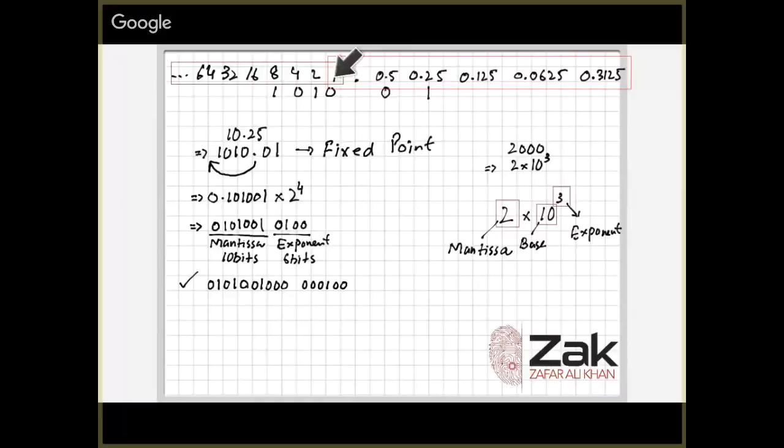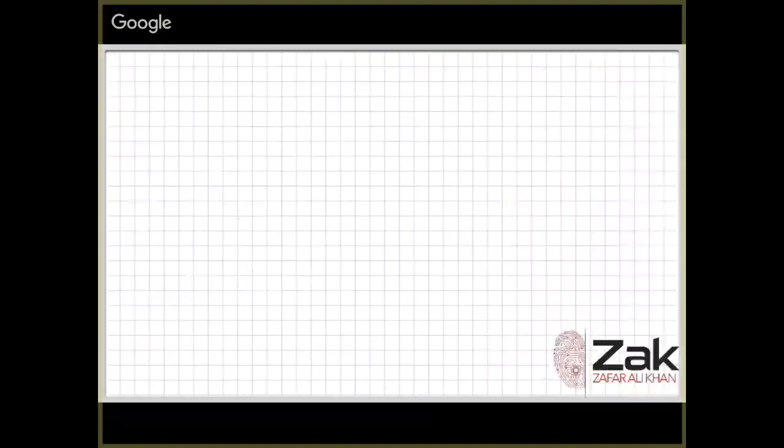Since the first two bits have the point in the middle, this would be the formation. It will grow from left to right, and one would be negative one, whereas for the exponent, that depends on how many bits we have, and the leftmost bit will be negative.